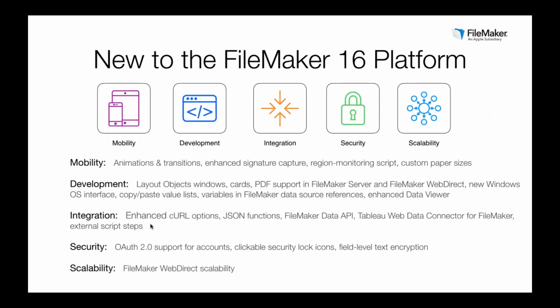All right, so we've gone over the new version, the new list of items: mobility, development, integration, security, and I forgot field level text encryption. That's another big one for security. Before, when we first came out with the encryption, it was encryption across the wire.